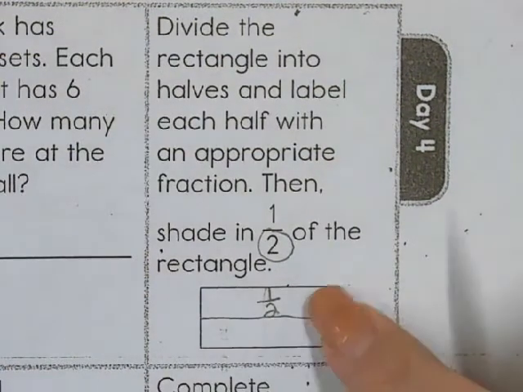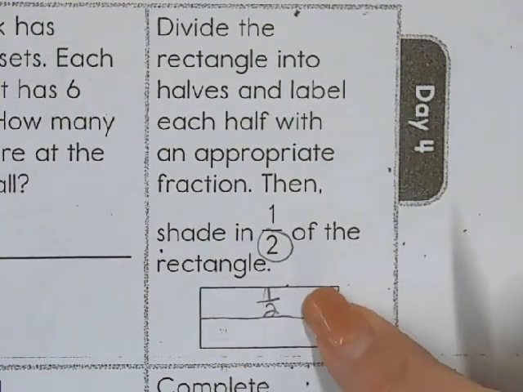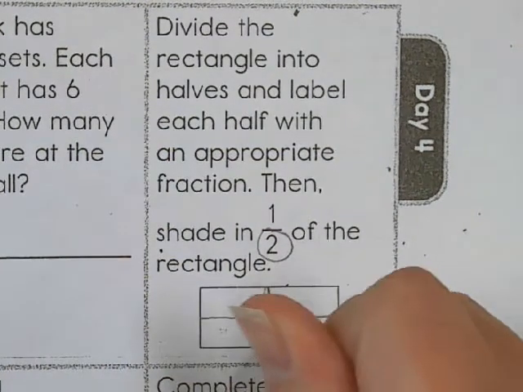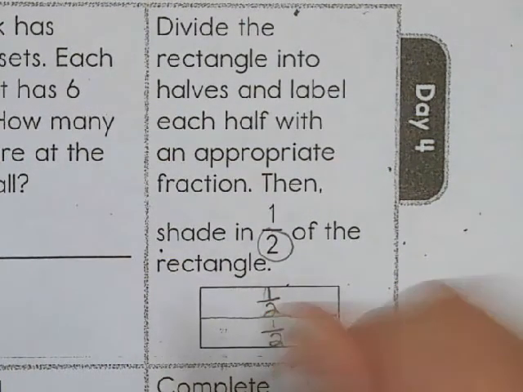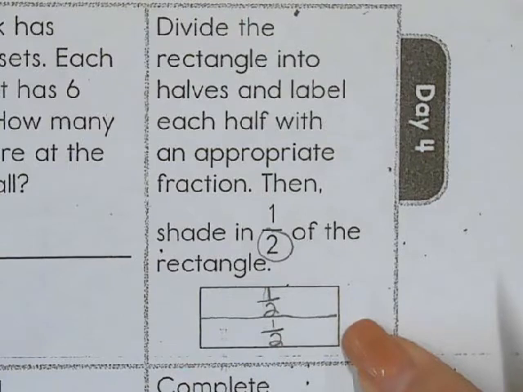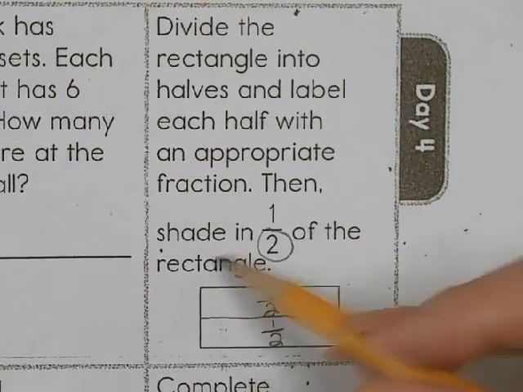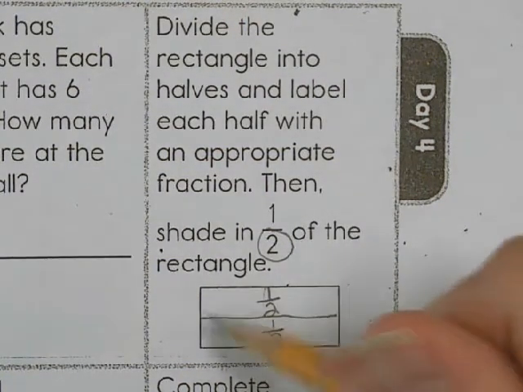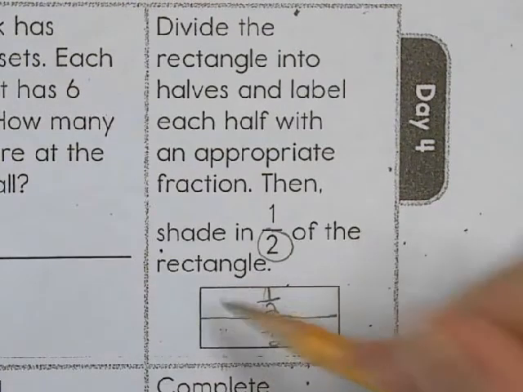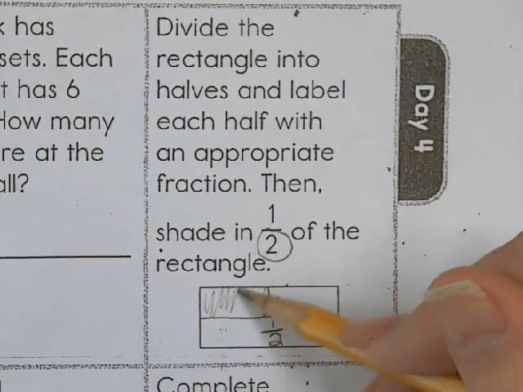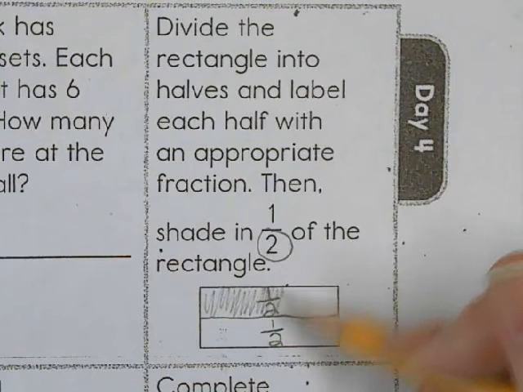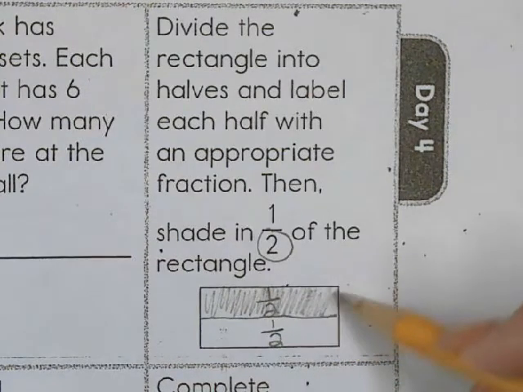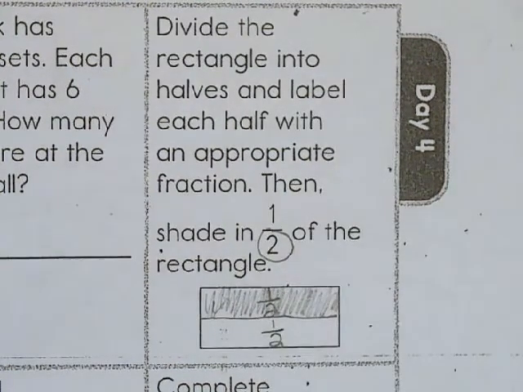This is one of the 2 pieces, and this is also one of the 2 pieces, which we would call half. It asks me to shade in one of the halves, so it doesn't matter if you shade in the top or the bottom. That completes the first fraction problem.